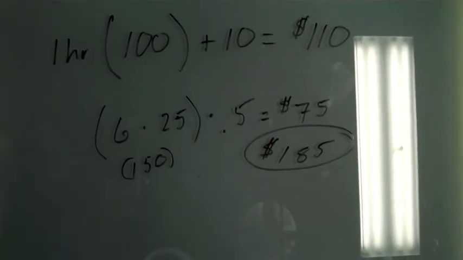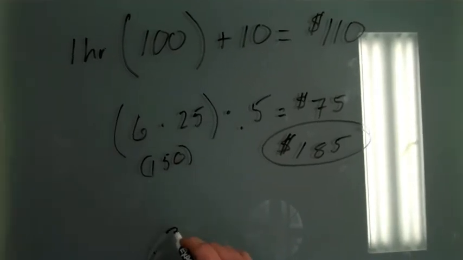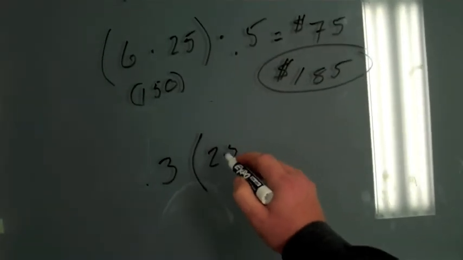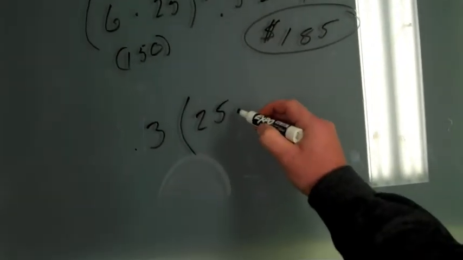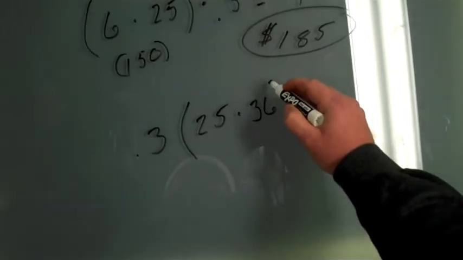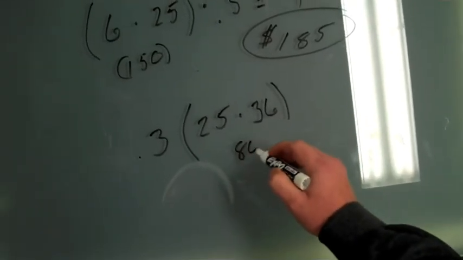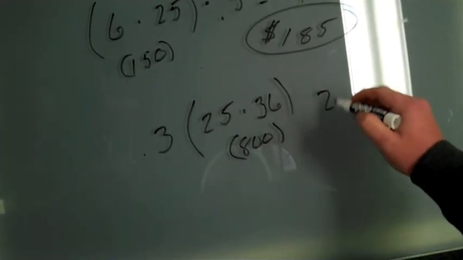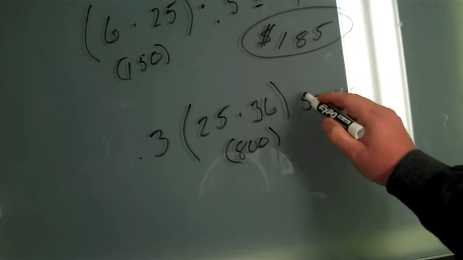Now what I'll do is a price check. I take 0.3 and I multiply that by $25 a square foot times the total square footage, 36 square feet. That's $800. Okay? And 0.3 of that is $240.